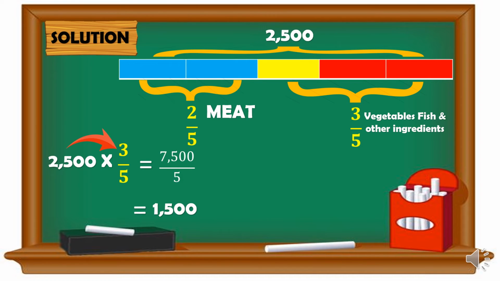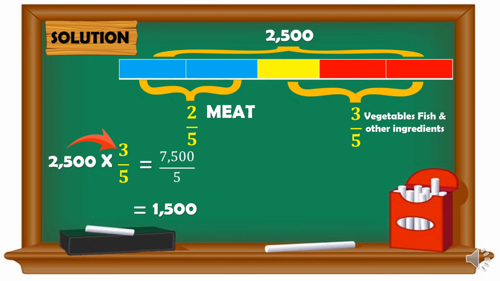This representation is for the budget of 2,500, and then we have the 2/5 for the meat, and then 1, 2, 3 for the vegetables, fish, and other ingredients.